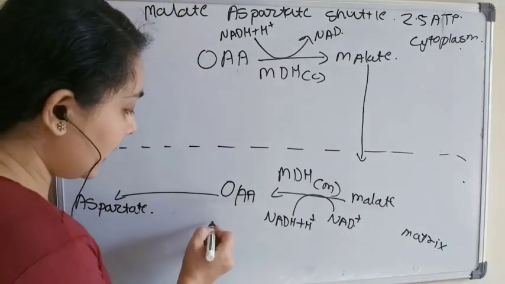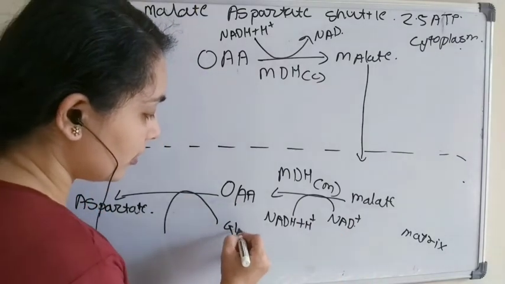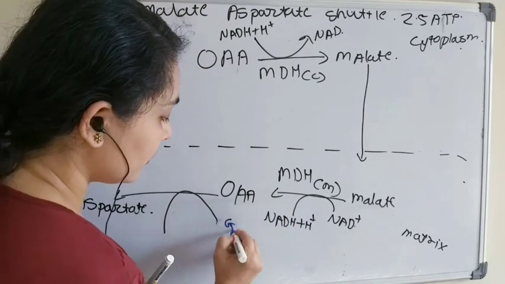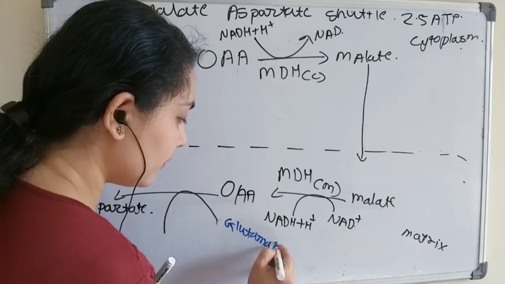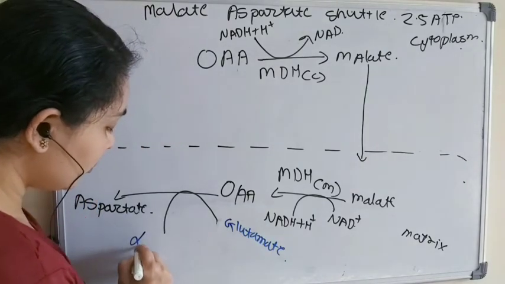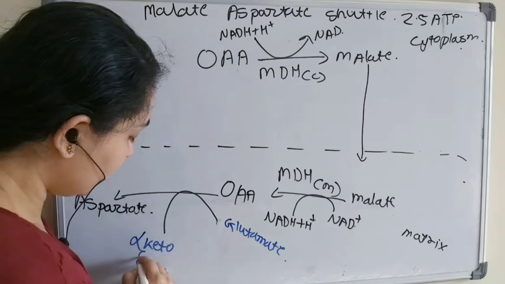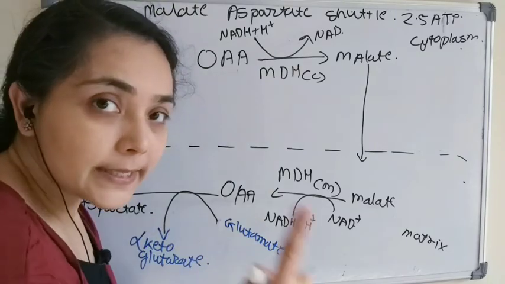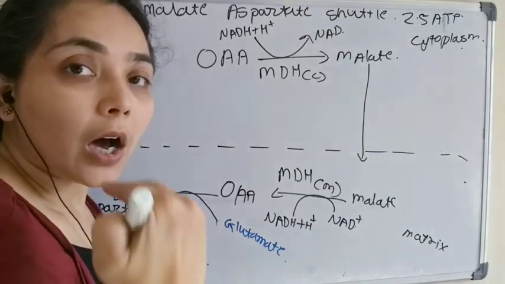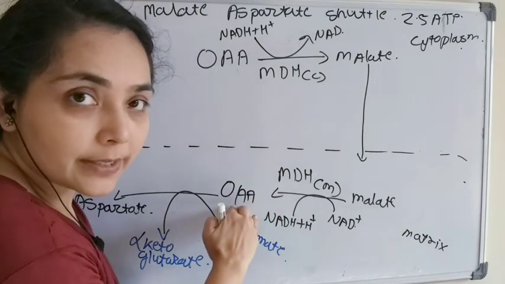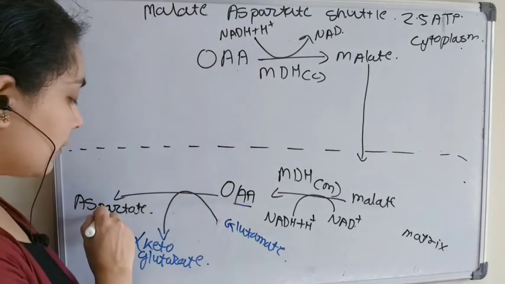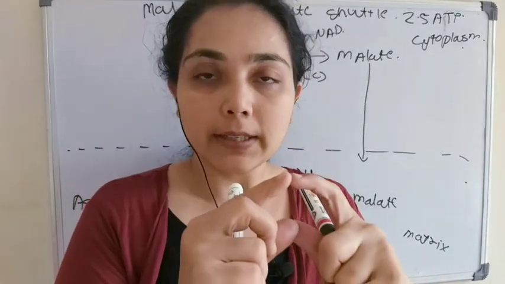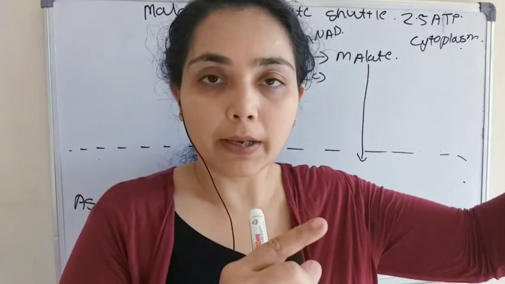Transamination means glutamate will convert into alpha ketoglutarate, and during this step it will transfer the amino group to oxaloacetic acid, and oxaloacetic acid will convert to aspartate. Just simple here is that oxaloacetic acid cannot come out of the mitochondrial matrix.